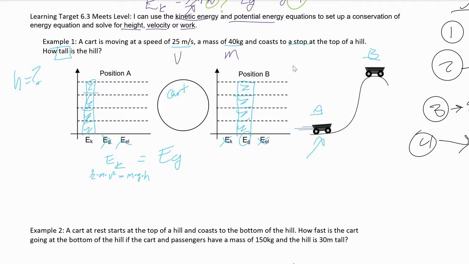So we have 1/2 times the mass, 40 kilograms, times 25 meters per second squared, equals the mass, again 40 kilograms, times gravity, which is 9.8 meters per second squared, times h.